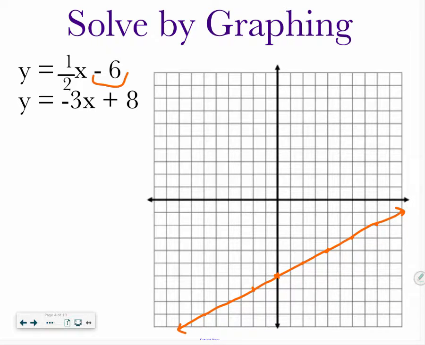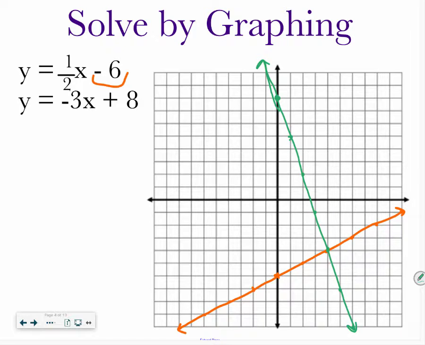Next, I'm going to graph y equals negative 3x plus 8. So I start up at 8. I go down 3 over 1, down 3 over 1, down 3 over 1, down 3 over 1. Even though I might have already seen where these two lines are going to intersect, I still need to graph both of the lines.